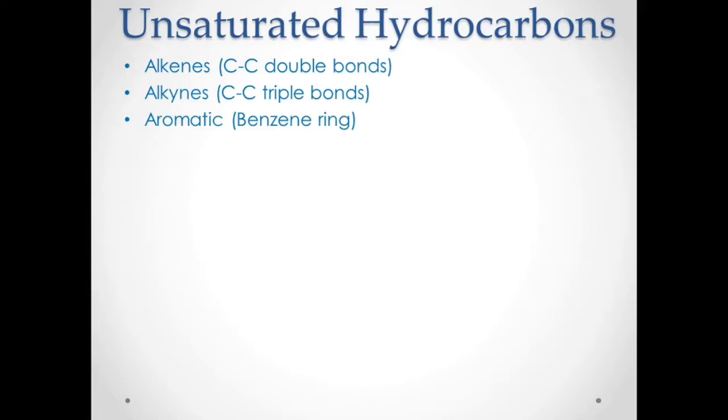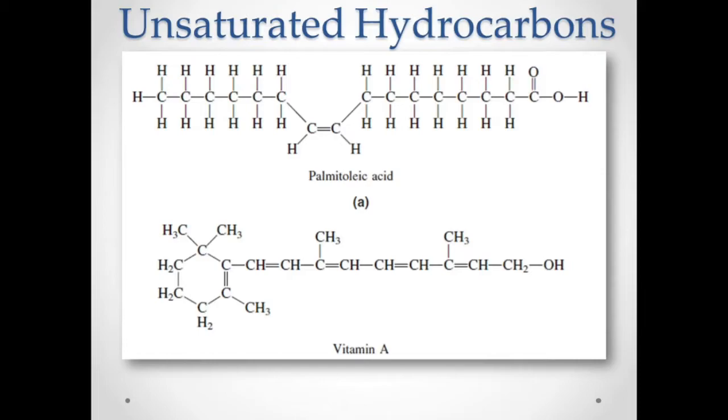An example of these compounds that contain unsaturated hydrocarbons is palmitoleic acid, which is actually a carboxylic acid. We will discuss more on carboxylic acid later on when we talk about carbonyl groups and carboxylic acid groups.